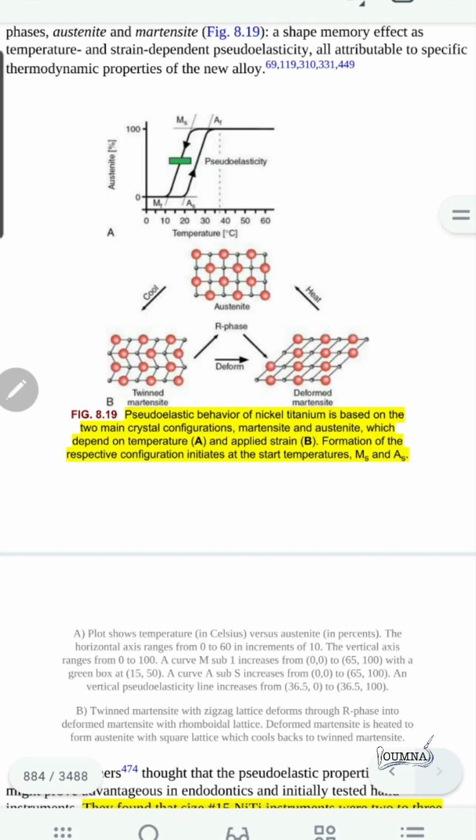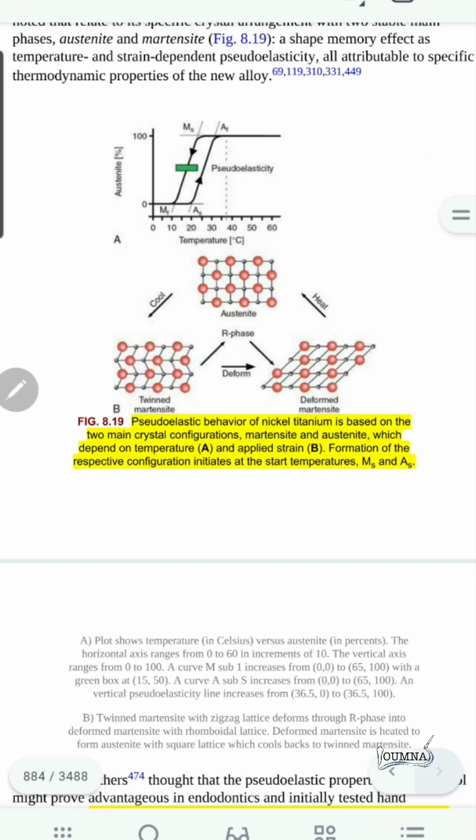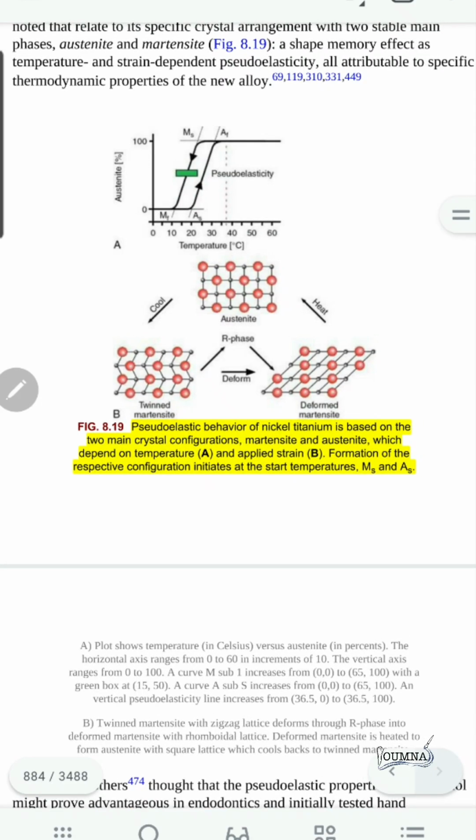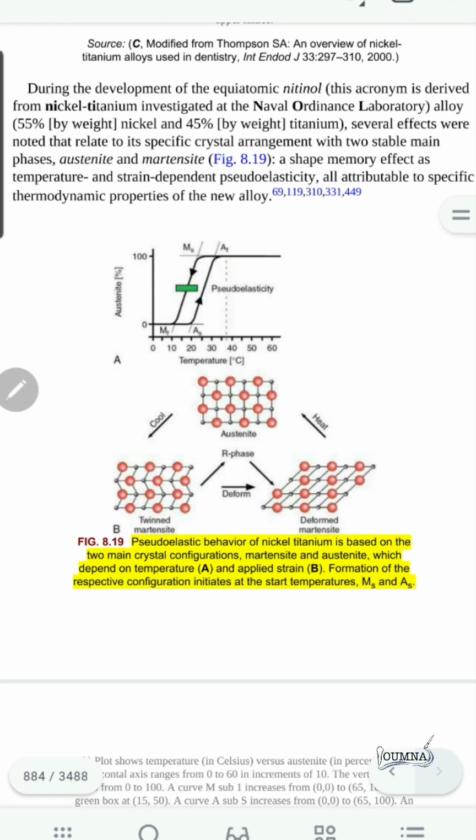We hear about the terms austenite and martensite when we talk about nickel titanium rotary files. So we will discuss today what they are and how we benefit from knowing about them. There are two crystal configurations of the nickel and titanium molecules, which means that nickel titanium has two phases.